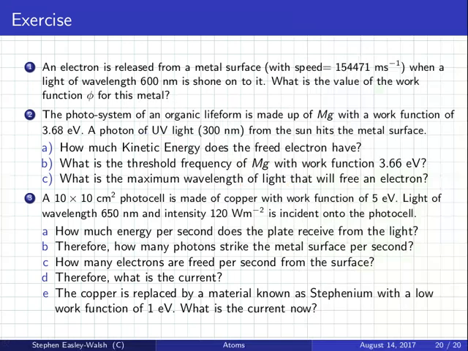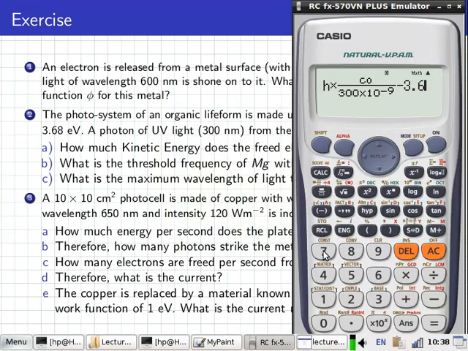The work function is 3.68 electron volts, but I need to convert that into joules, so I multiply this by E. So the kinetic energy in joules is this, which we can convert into electron volts if we want to. Of course I want to. So in electron volts, it's about half an electron volt of kinetic energy.